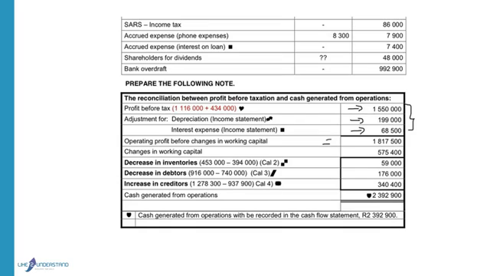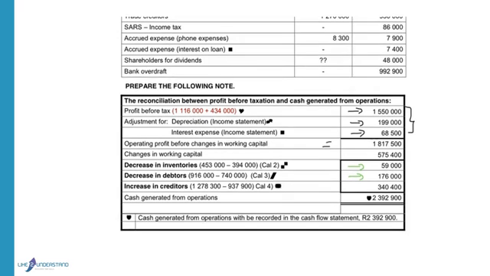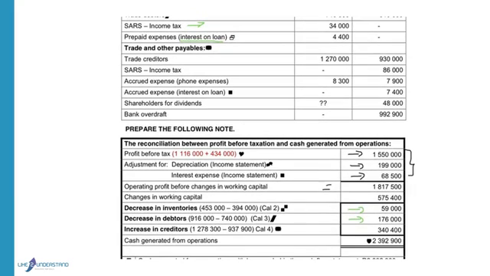So if we look at the effect in the note, we will see that there's a decrease in inventory. Because there's a decrease, we sold inventory, so there's an inflow of money. There's a decrease in debtors, that means the debtors paid their accounts, so there was an inflow of money. If we look at the creditors, we see that the creditors moved from 930,000 to 1,270,000.